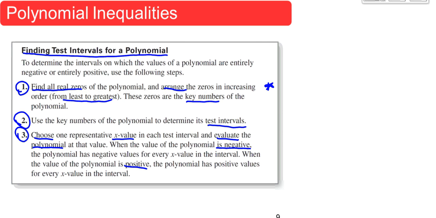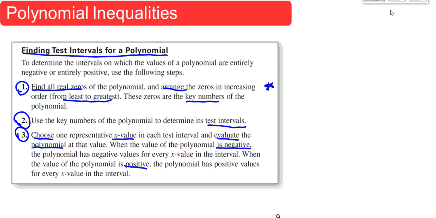First, find all of the zeros of the polynomial. You first want to get one side of the inequality equal to 0. By the nature of inequalities, if the 0 is on the right and it's greater than 0, less than 0, greater than or equal to, or less than or equal to, our brains can process that a little easier.